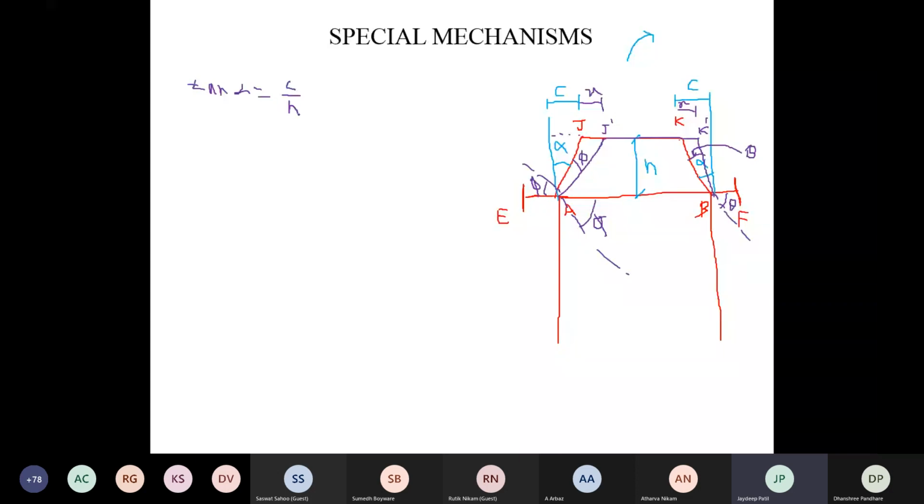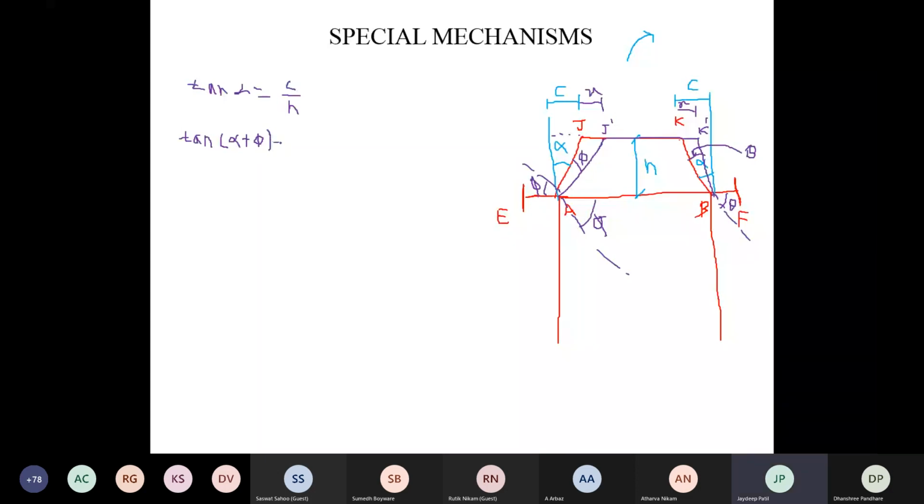Now in this case, you have to consider two angles. First, the sliding of point J, J to J dash, means you have to consider the angle alpha plus phi. Then you have to consider the angle alpha minus theta. Now suppose I consider from the figure tan of alpha plus phi. क्या आएगा?